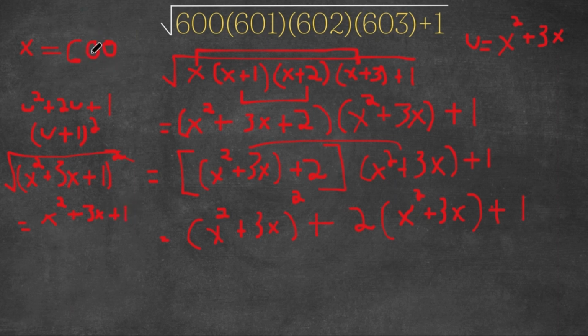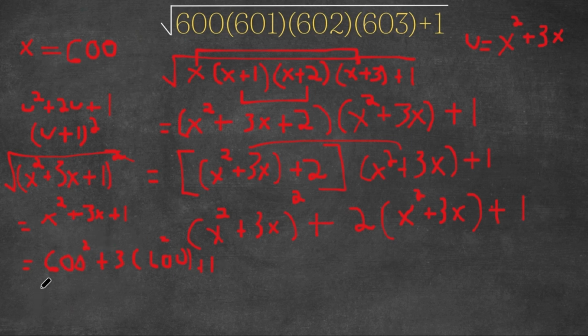And now we can substitute 600 for x. So this would equal 600 squared plus 3 times 600 plus 1.